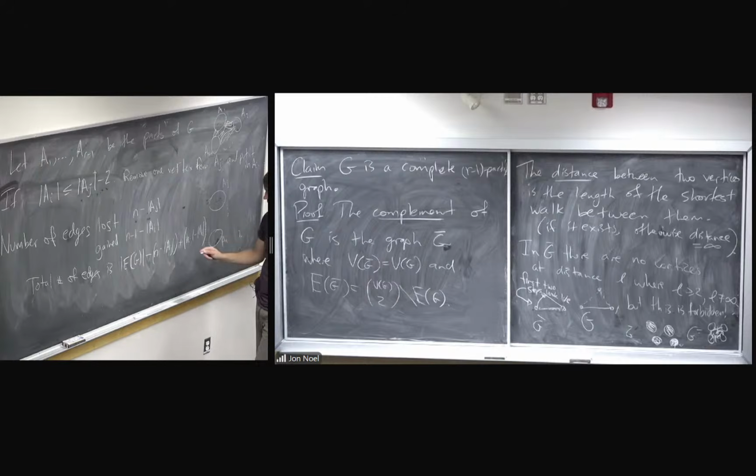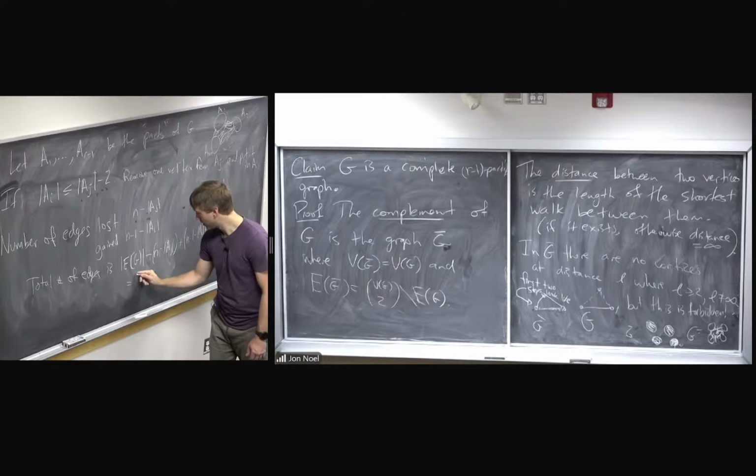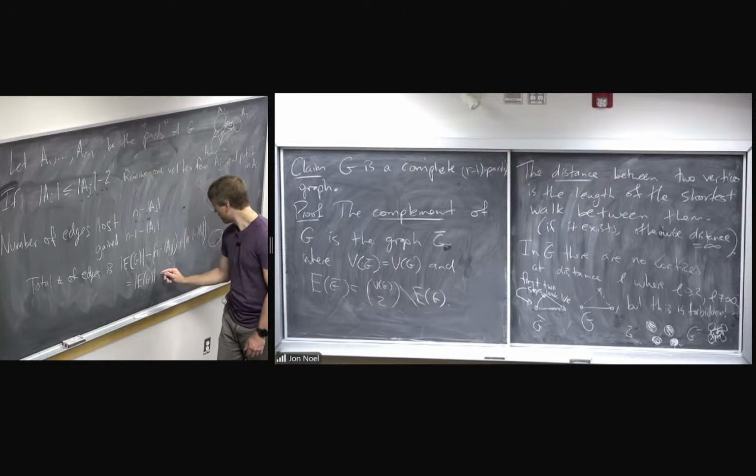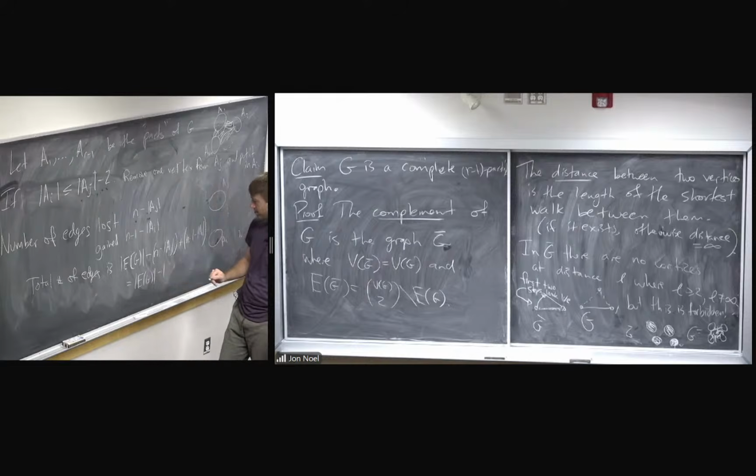So that's the number of edges, minus 1, plus AJ minus AI, and AJ is at least 2 bigger than AI, so that's strictly greater than the number of edges in G.